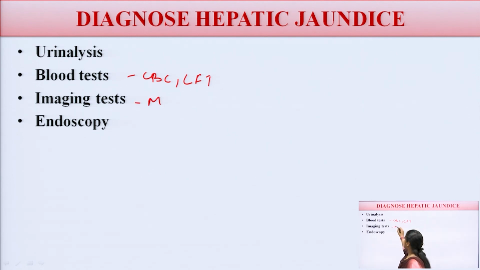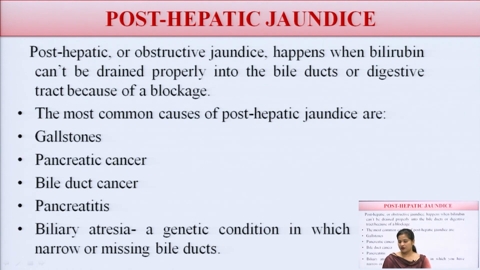Imaging tests: MRI, CT scans, or HIDA test will be done for scanning of the organs. Last one is endoscopy. Endoscopy is again done for checking this hepatic jaundice.